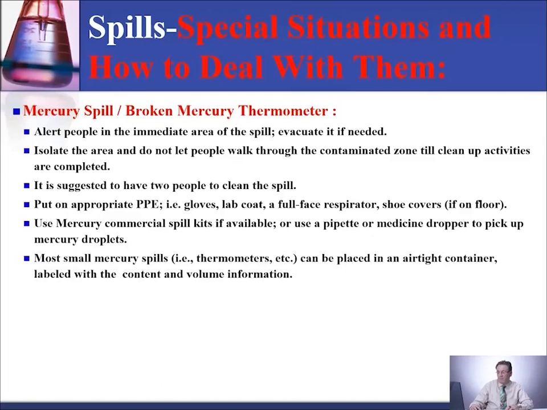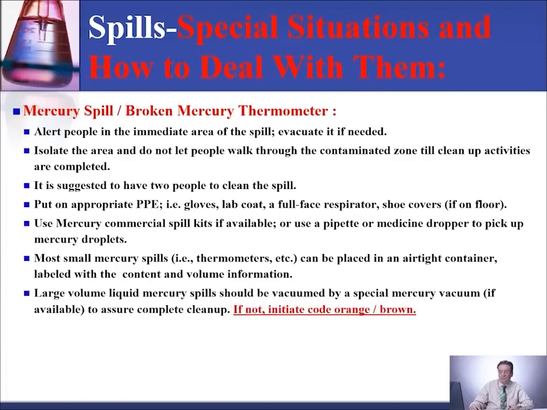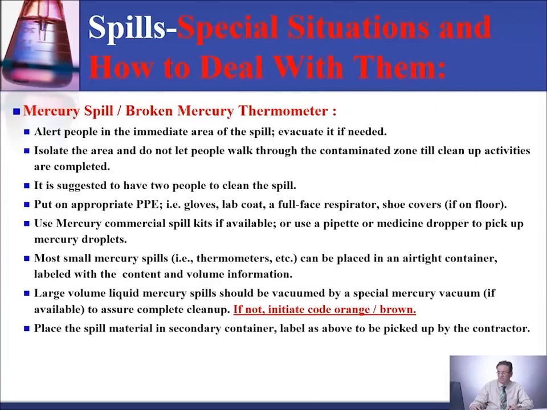Most small mercury spills can be placed in an airtight container labeled with the content and volume information. A large volume liquid mercury spill should be vacuumed by a special mercury vacuum if available to assure complete cleanup. If not, initiate code orange or brown.